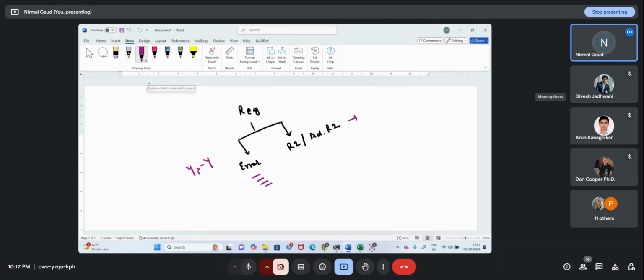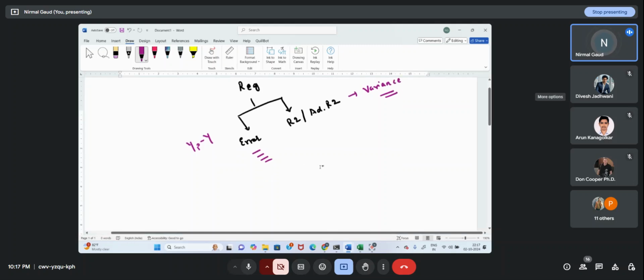R2 I am telling you is variance. R2 actually means how much the training features are contributing in predicting the value of Y. That is what R2 means.